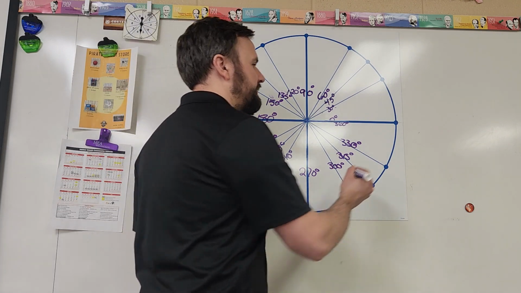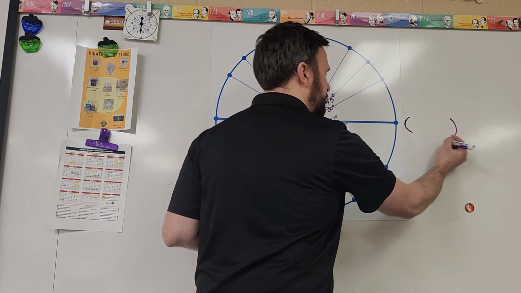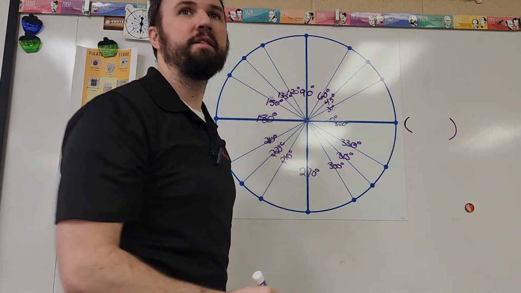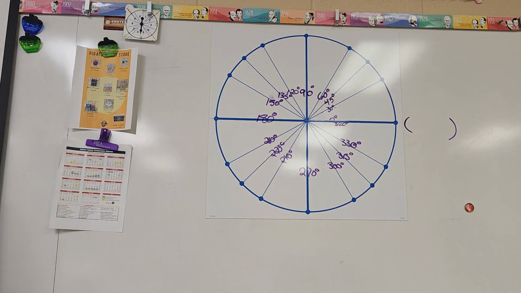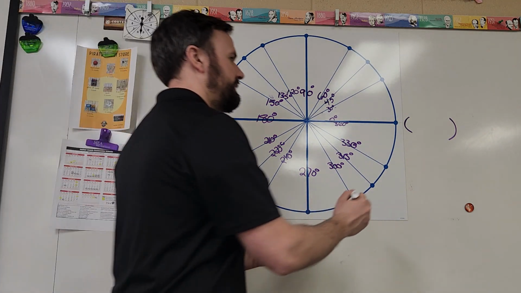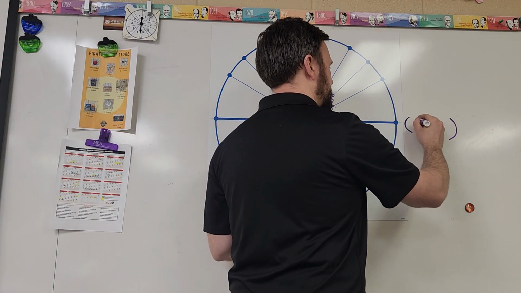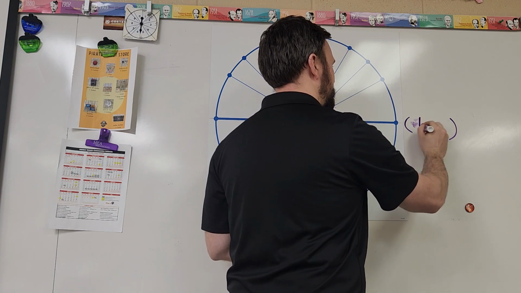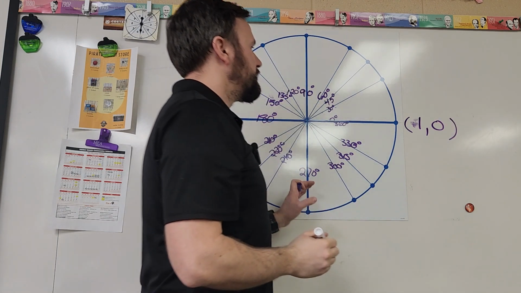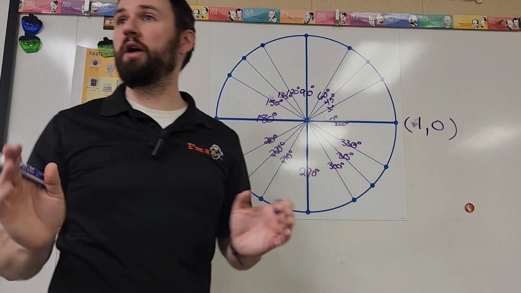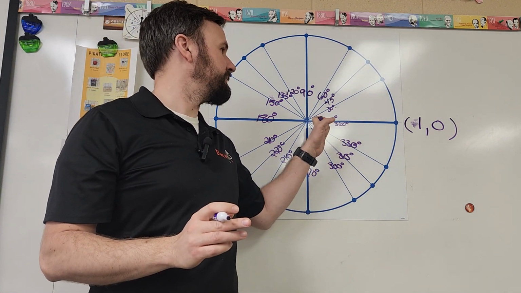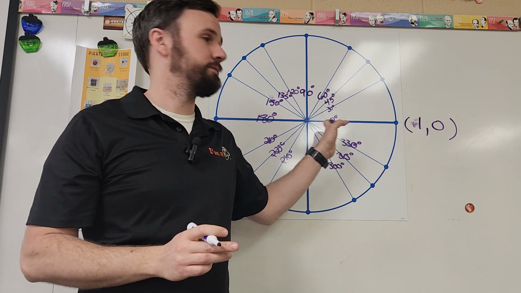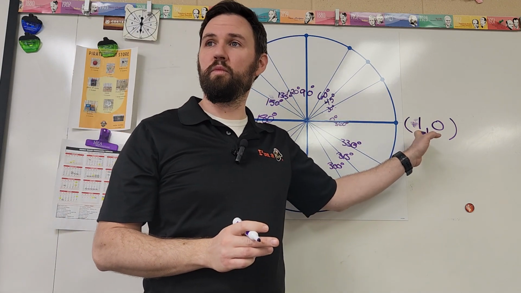So we have our degrees, we have our radians. Let's label our points. What's this point over here going to be? Remember, a unit circle has a radius of 1. So that point is 1, 0, right? So this is why we're doing the unit circle. What's cosine of 0 degrees? 1.